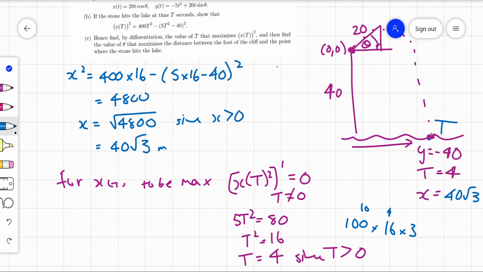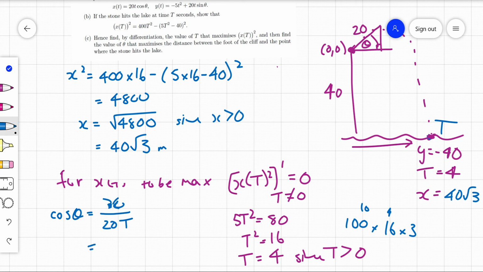So I've got to find the value of theta that maximizes the distance between the foot of the cliff and the point where the stone hits the lake. All right, so let's go back to where we had our cos theta, which of course I've rubbed out. When we did our substitution, we wrote down cos theta is x on 20t at that time.